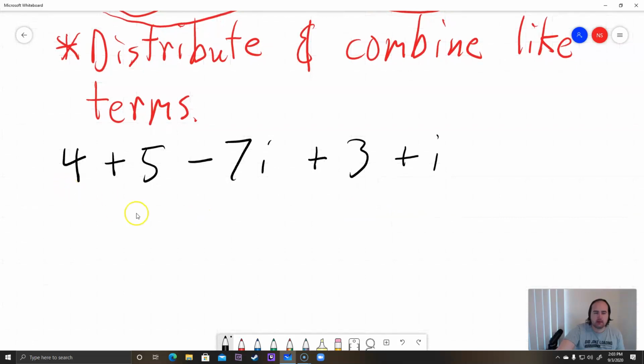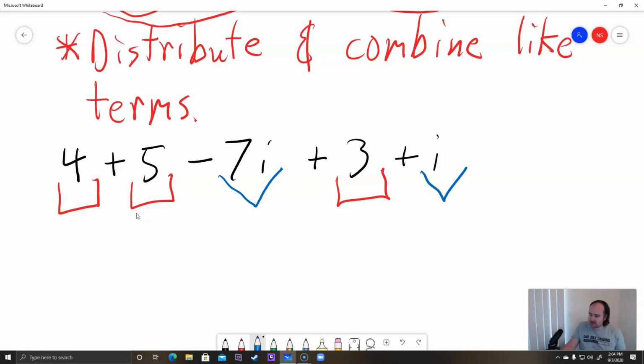And now what we're going to do is combine like terms. So here the like terms are the constants. So we have 4 plus 5 plus 3. And then we have the terms involving i. So we have negative 7i and positive i. So 4 plus 5 is 9, plus 3 is 12.